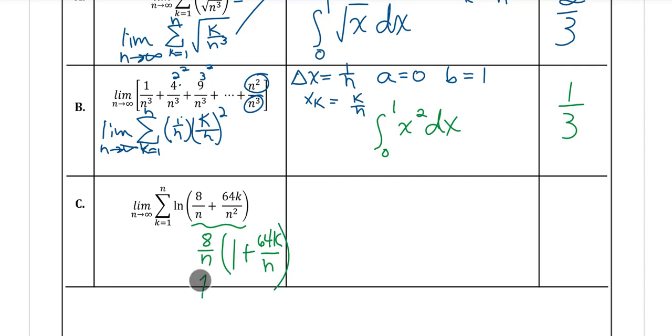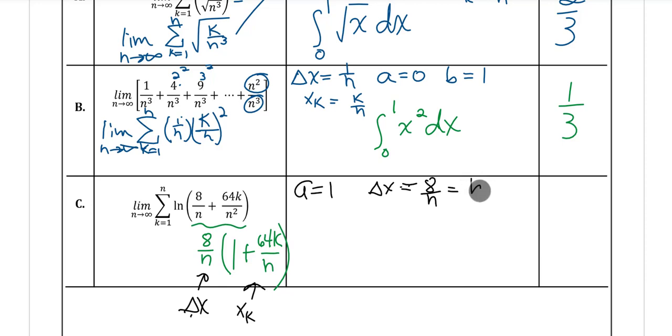So what we've done is we found our delta x. That's our delta x, and this is our x sub k. So here we can see that we have an a of 1. A is going to be 1, so delta x being 8 over n.